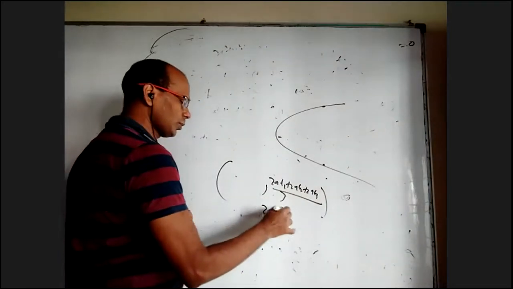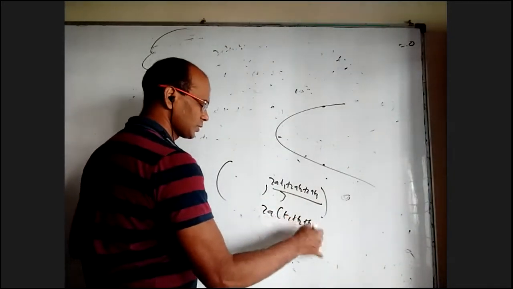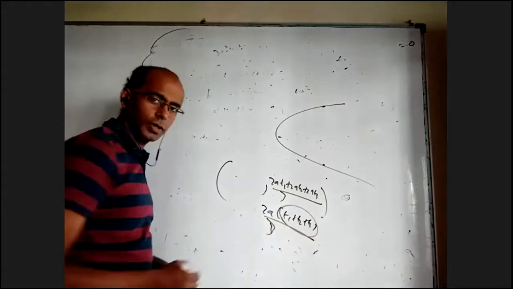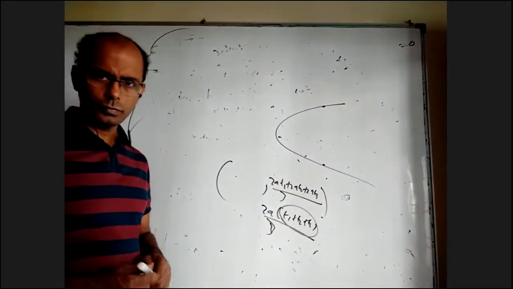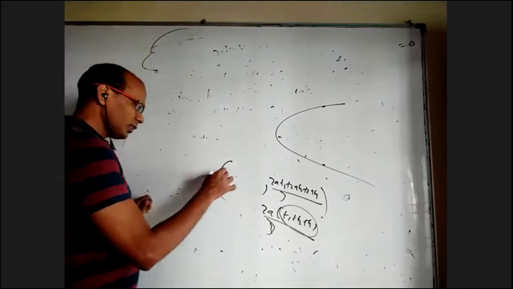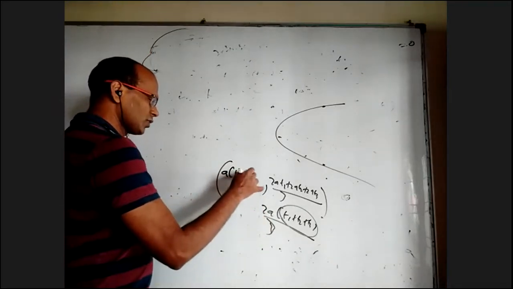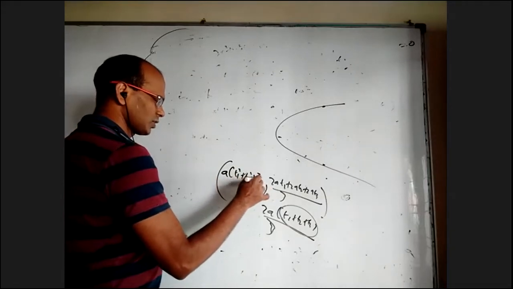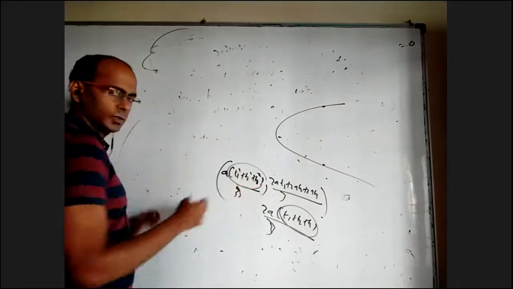If I take 2a common, it is 2a(t1 + t2 + t3)/3. But t1 + t2 + t3 is 0, right? That's why the y coordinate is 0. The x coordinate we cannot say, because the x coordinate is a(t1^2 + t2^2 + t3^2)/3, and we don't know anything about it.